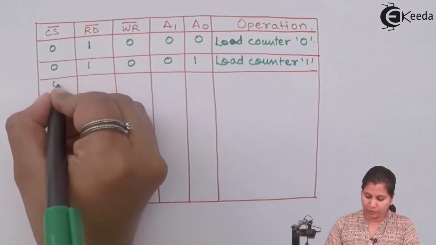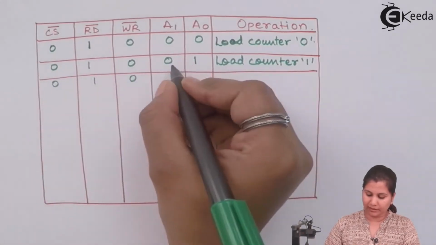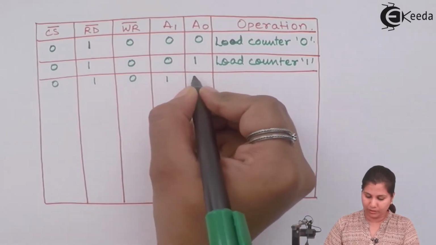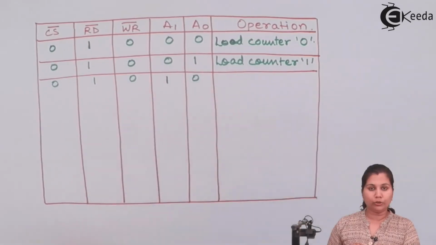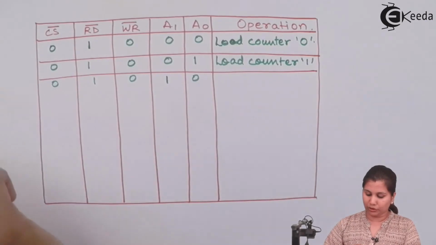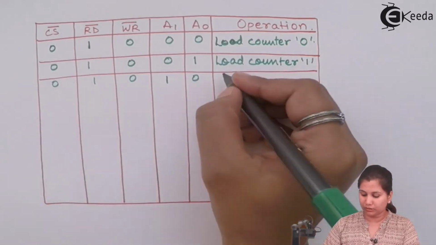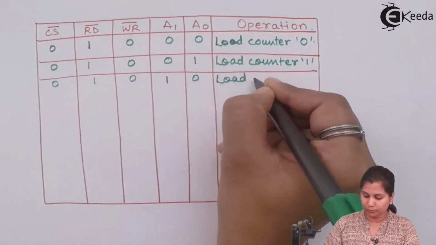Then all the signals will be the same. Here if we have 1 0, then counter 2 will be selected, so the operation will be to load counter 2.